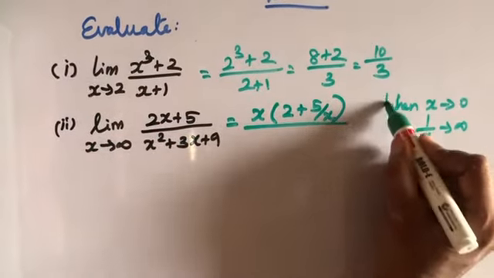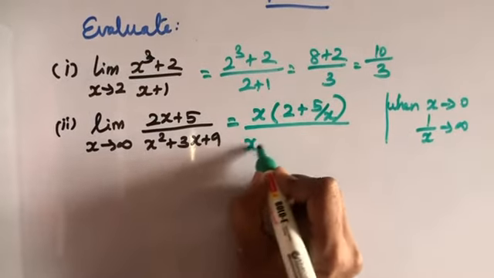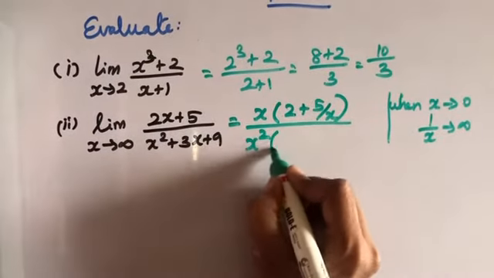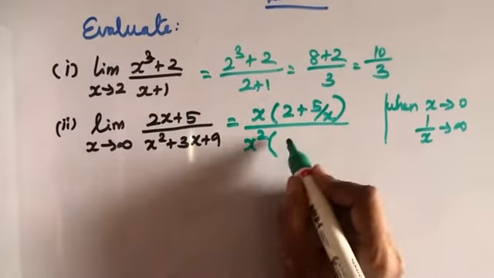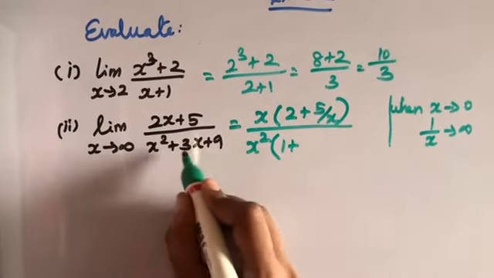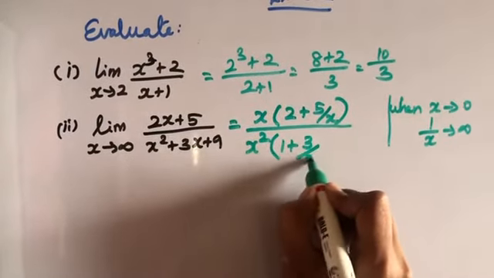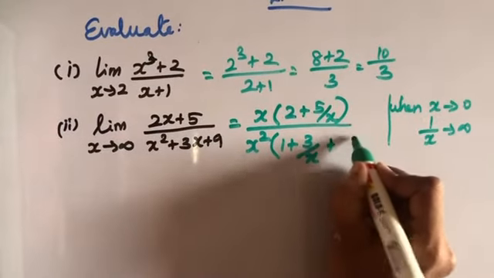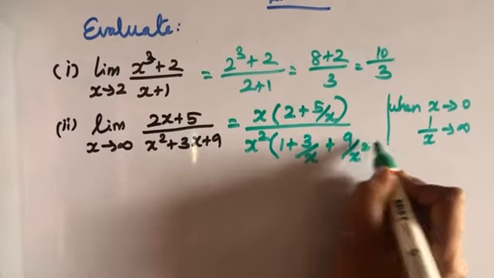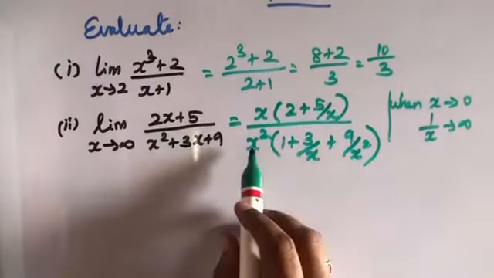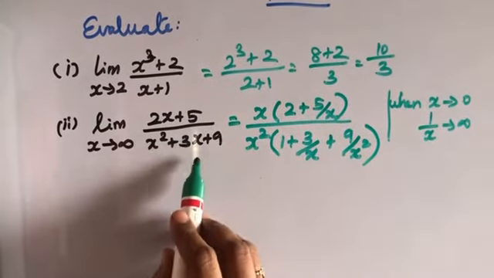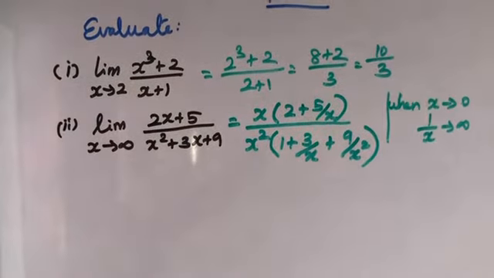Similarly, in the denominator I am going to take x square. If I take x square outside, here the first term will become 1, the second term will become 3 by x, the third term will become 9 by x square. So, x square into 1 plus 3 by x plus 9 by x square.